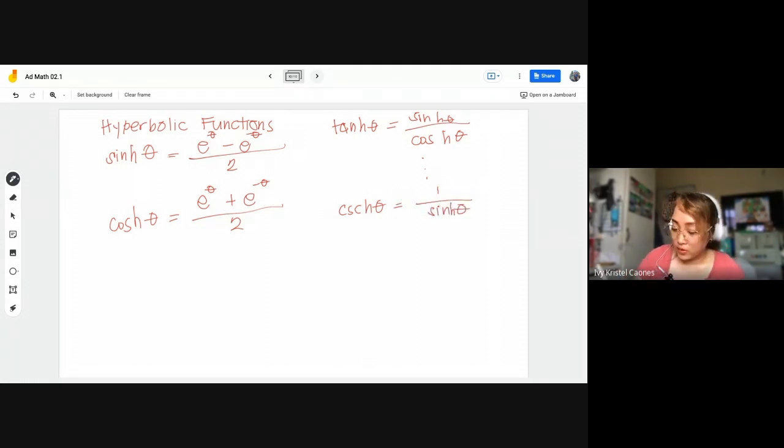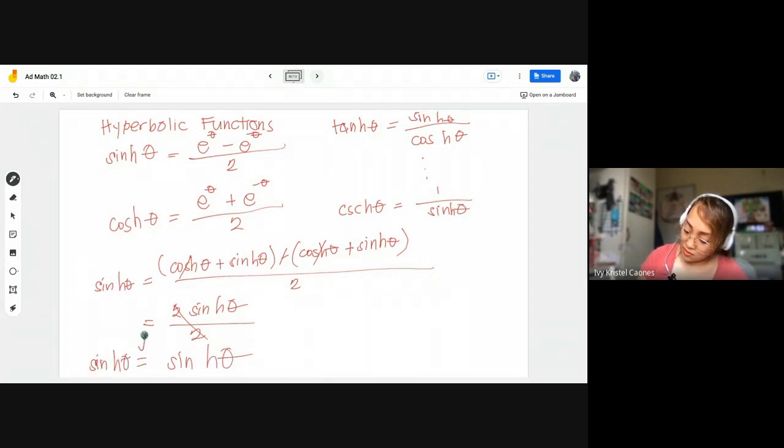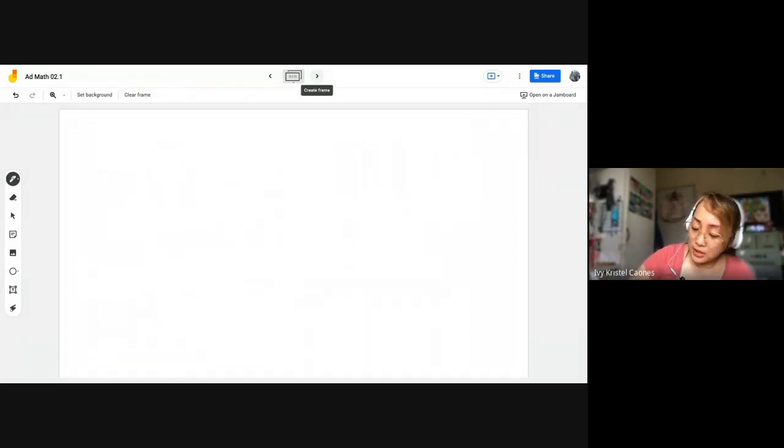Then if that is e to the theta is cosine h theta plus sine h theta, minus e to the negative theta, which is cosine h theta minus sine h theta, over 2. Cancel, it is positive, 2 sine h theta over 2 is equal to sine h theta. Okay? So match.